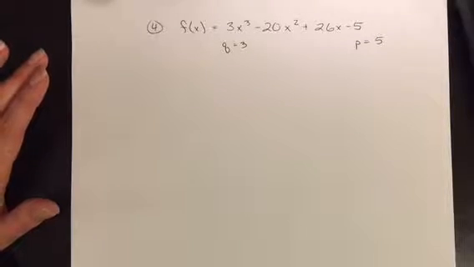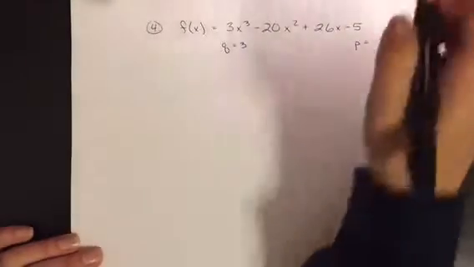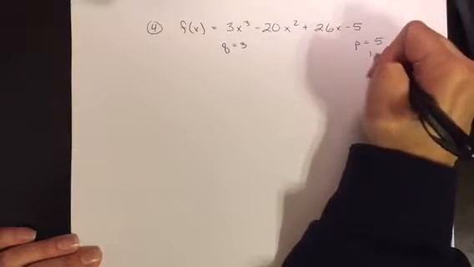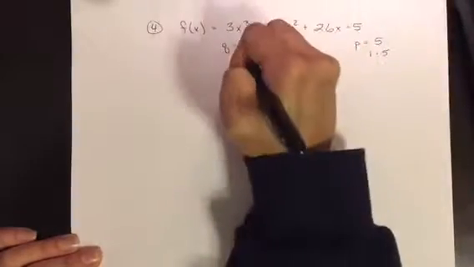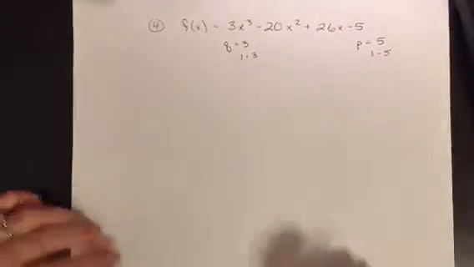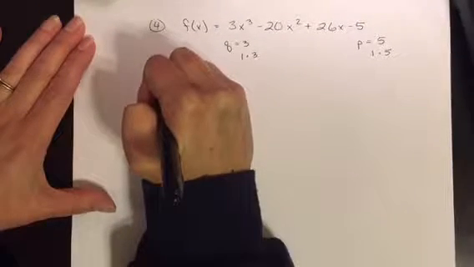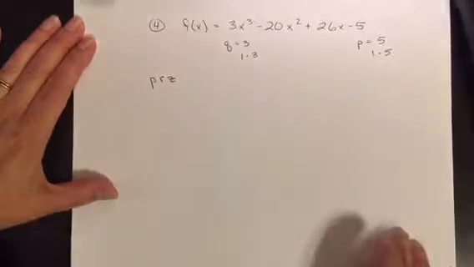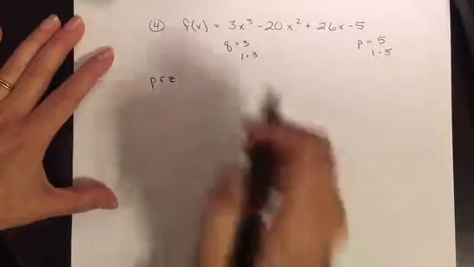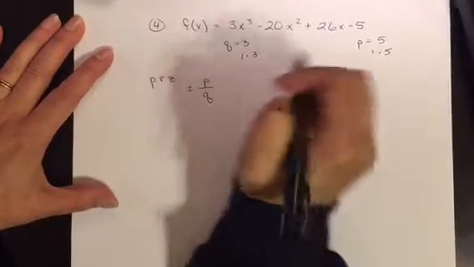So now I have to think of all of the possible factors of both 5 and 3. So again, pretty simple here. So my possible rational zeros, so I'm going to say PRZ, possible rational zeros. That's going to be plus or minus P over Q.